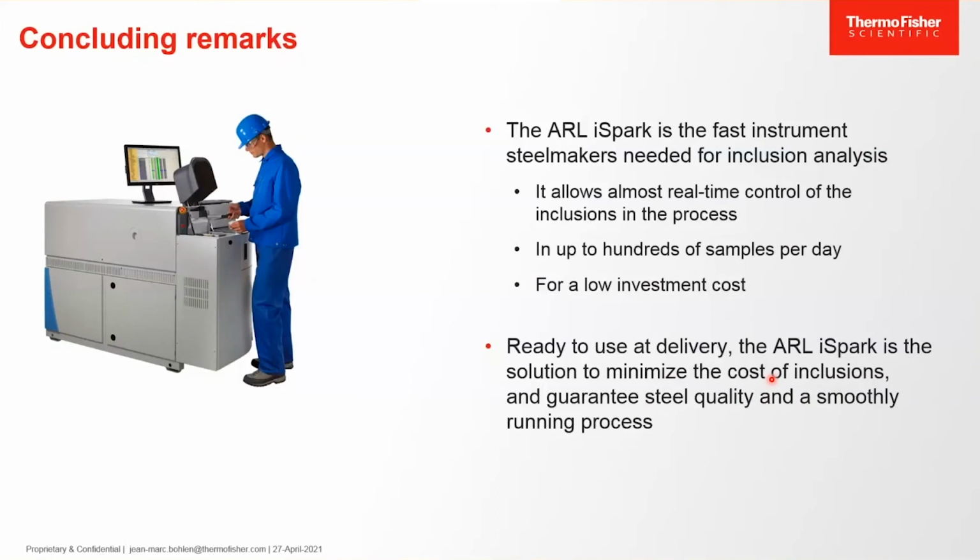The ARL iSpark is ready to use at delivery with the inclusion analysis methods. It is the solution to minimize the cost of inclusions and guarantee steel quality and a smoothly running process.